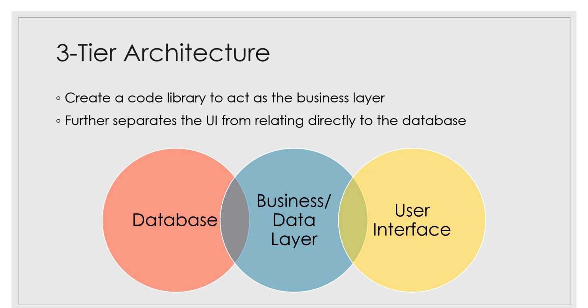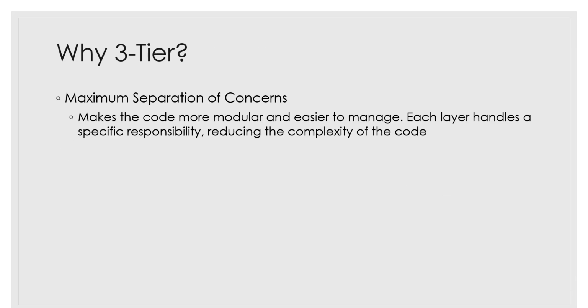So that just further separates the UI from the database, but really it's more a matter of where the files are sitting. You almost had the same separation with the 2-tier, so why go to 3-tier? Well, it maximizes that separation of concerns and makes the code more modular.